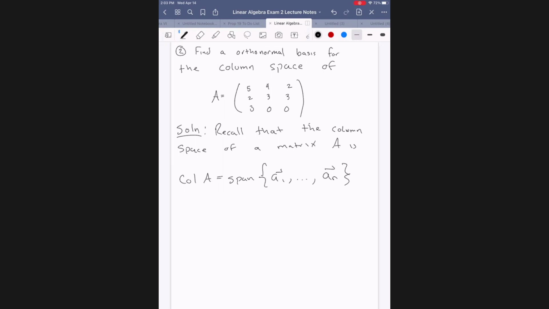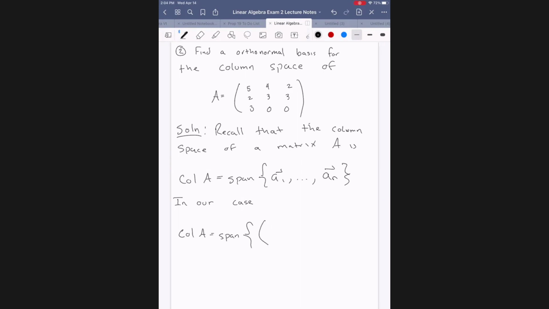So in our case, the column space of A would be the span of the vectors. What vectors?